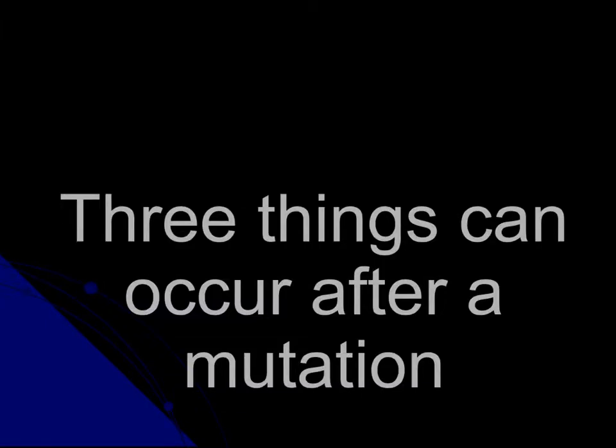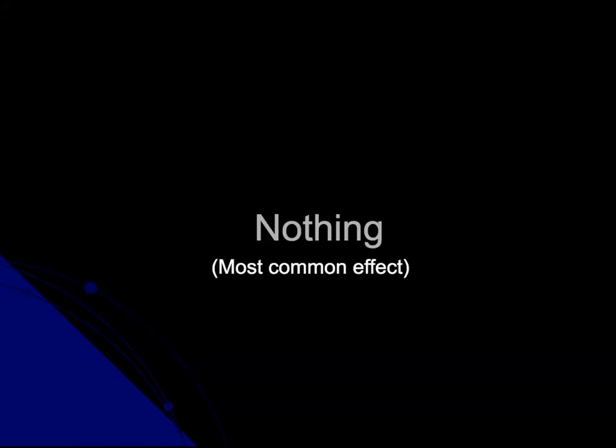So, three things can happen after a mutation occurs. So what happens if your DNA does change somehow? What can happen? Well, the most common thing is nothing. You probably don't notice it. So like I said earlier, we've probably all had one or maybe two mutations occur in our DNA in our lifetimes.